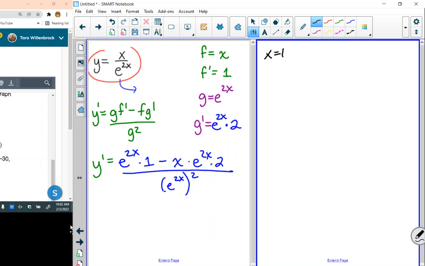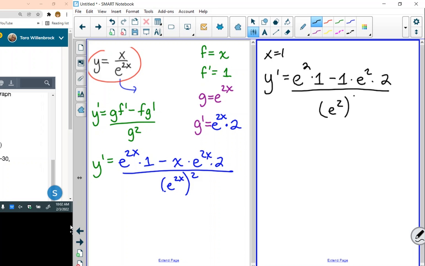So if x is 1, this derivative becomes e squared times 1 minus 1 times e squared times 2, all divided by e squared squared. Every place I had an x, I put a 1 because they told me x was going to be 1.